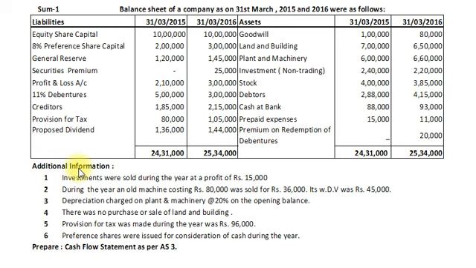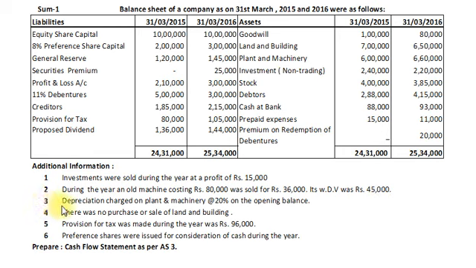Here is some additional information. Number 1. Investments were sold during the year at a profit of rupees 15,000. Number 2. During the year, an old machine costing rupees 80,000 was sold for rupees 36,000 and its written down value was rupees 45,000.